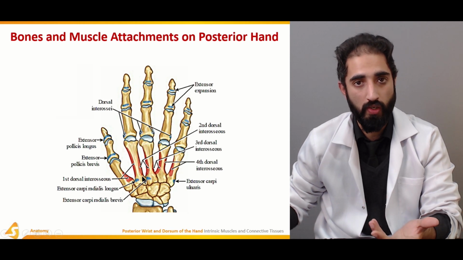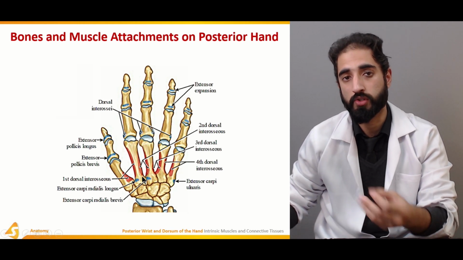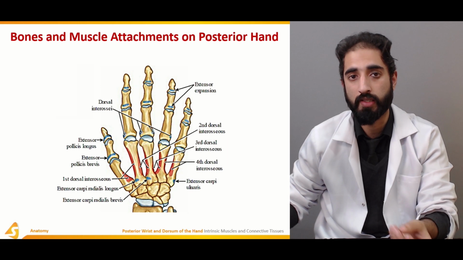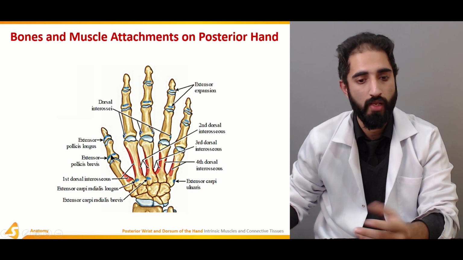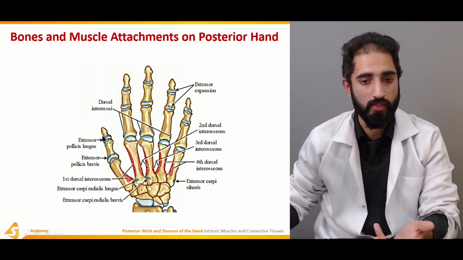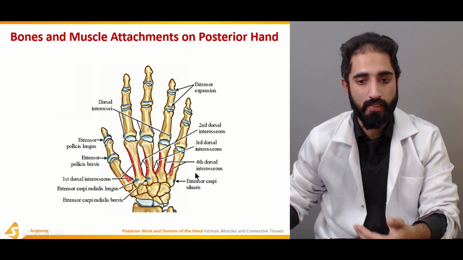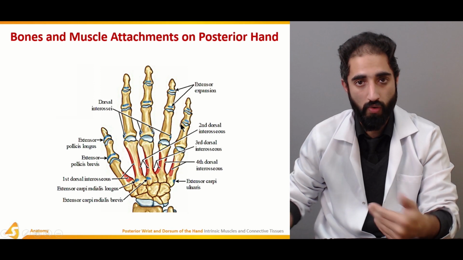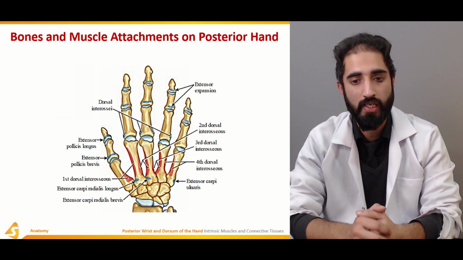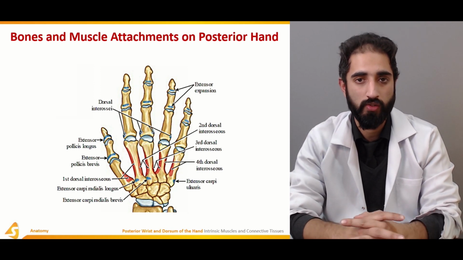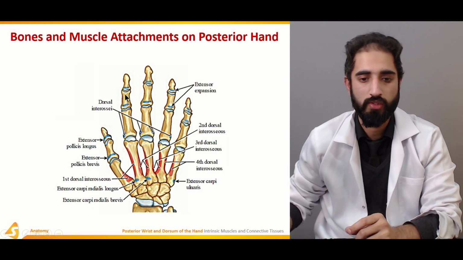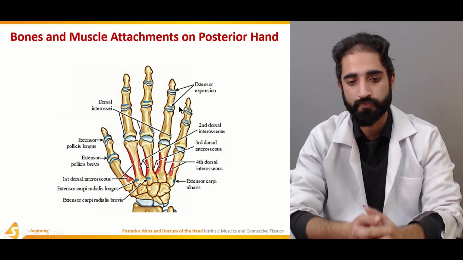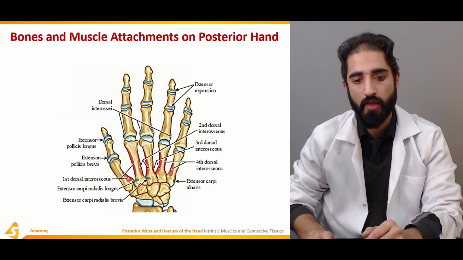Moreover, we have other extrinsic muscles, which are not acting at the level of the wrist but at the level of the digits, for example, extensor pollicis brevis, extensor pollicis longus, as well as extensor digitorum. Once again, we cannot clearly see the extensor digitorum because it inserts via the extensor expansion or the extensor hood, so that is why we cannot see it mentioned here.